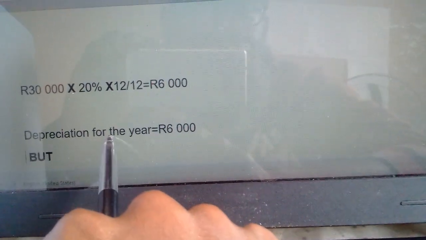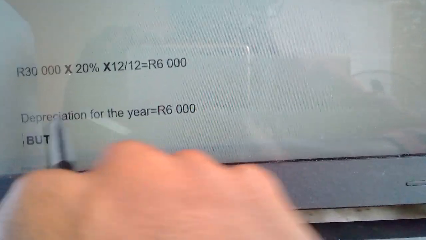So depreciation for the year will be 6,000.